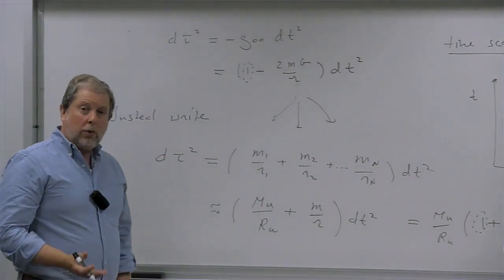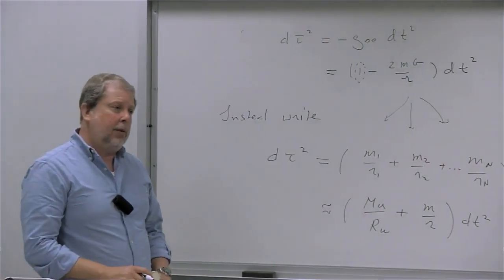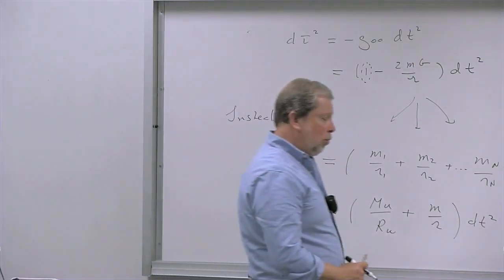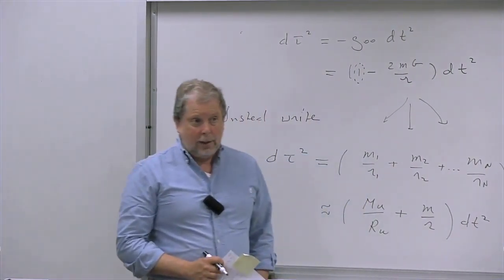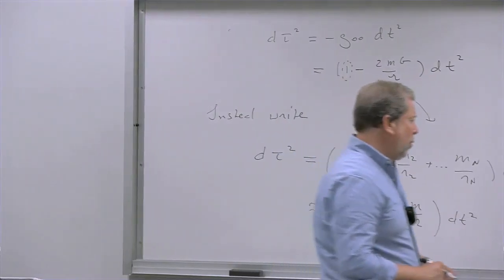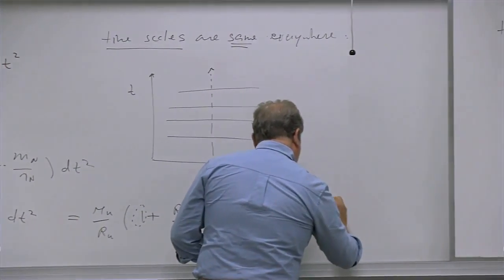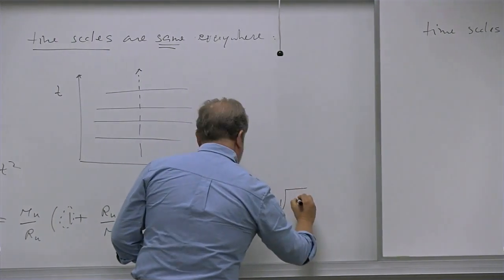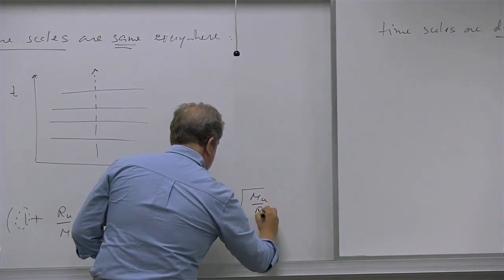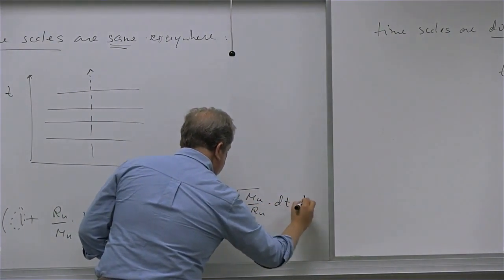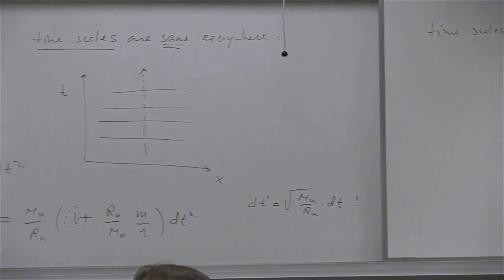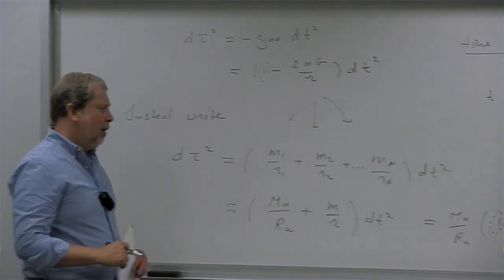And now what we will do is, of course, something that is very sensible to do, and that is to rescale the time, right? So we are going to define dt prime to be the square root of mu over ru times dt, right? And so that is kind of a redefinition of what we mean by the speed of light.